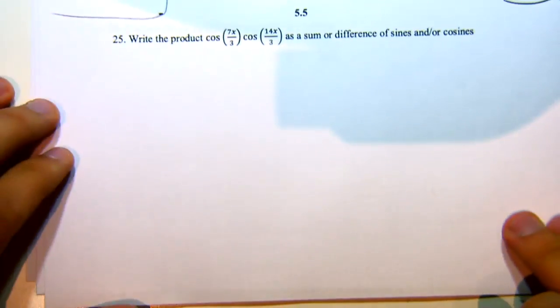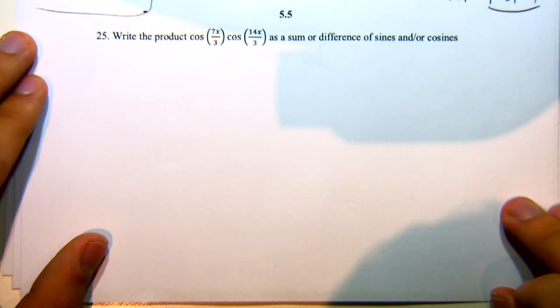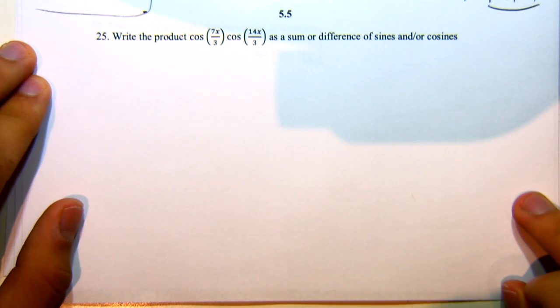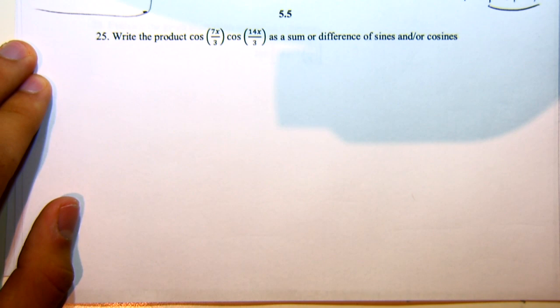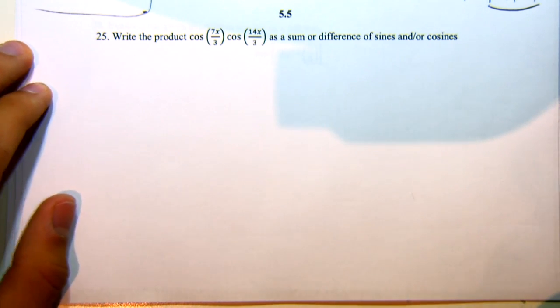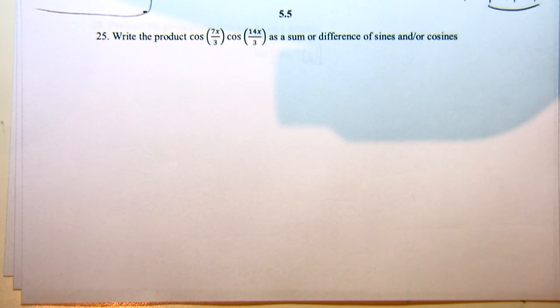Let's go to 25. So write the product cosine 7x over 3 cosine 14x over 3 as a sum or difference of sines and/or cosines.